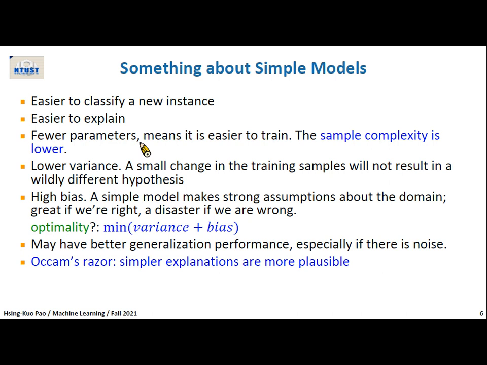Your boss, right? Later, if you build a model, you need to explain it to your boss. You have to be clever, because when you can explain it well, you get what? An increase in your salary, right? Okay, fewer parameters, easier to train. I just mentioned that. And lower variance, what does that mean?